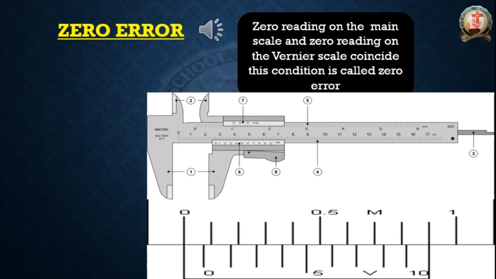A vernier caliper having zero error does not have any defect; it is a perfectly working instrument. So remember this explanation and don't confuse it. When the main scale 0 reading and the vernier scale 0 reading coincide, that is the zero error.